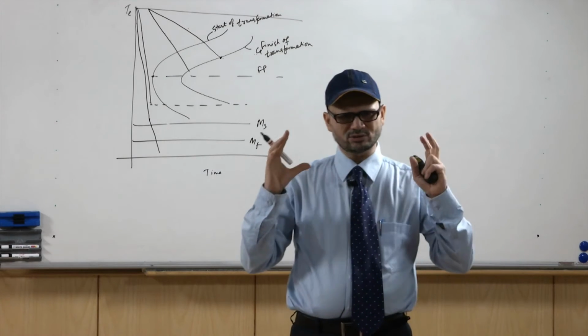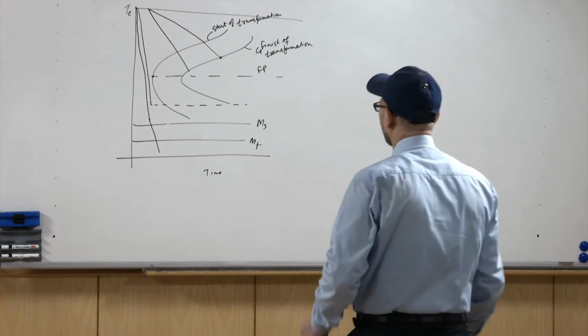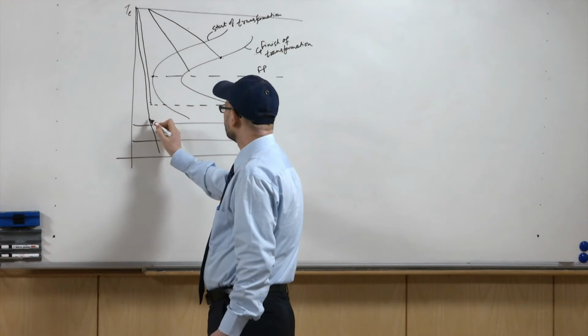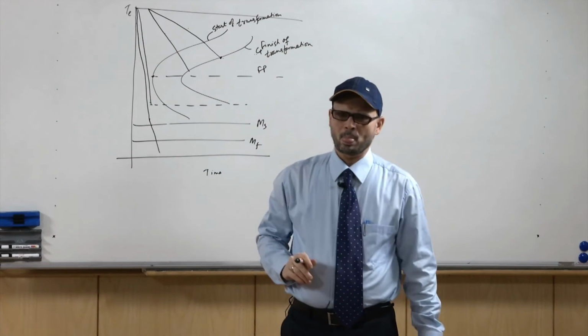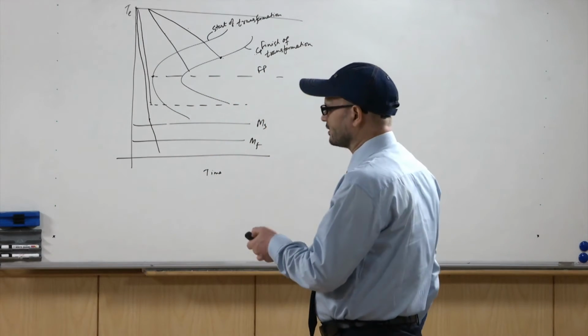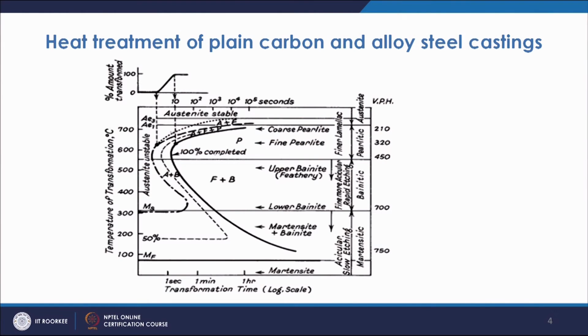So when you come to this point above the Ms temperature, you hold for some time, and then you go in between the Ms and Mf lines and pass the Mf line.